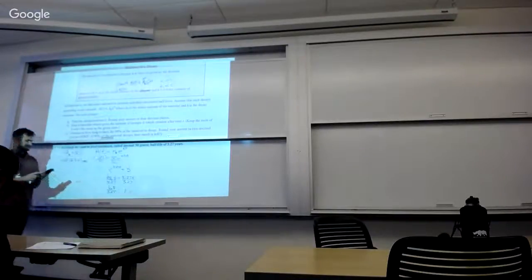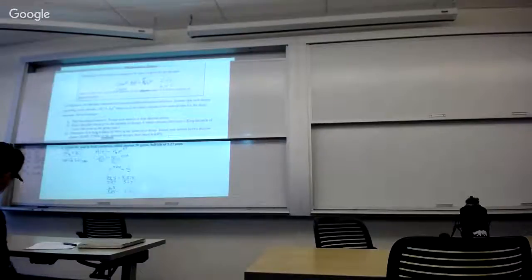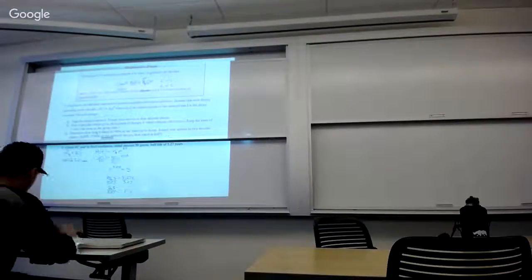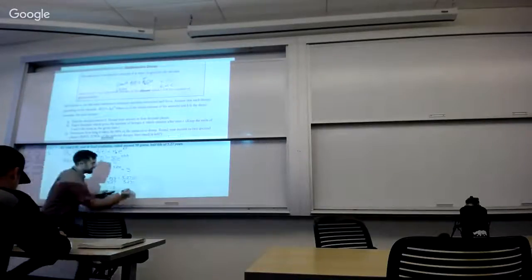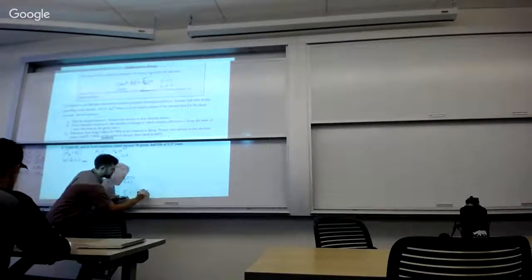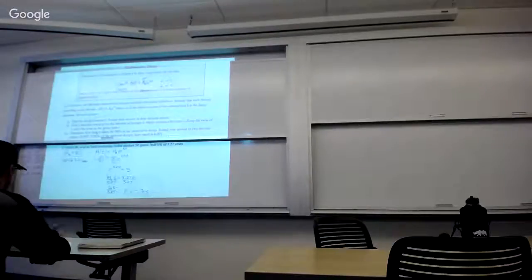And they said to round that to 4 decimal places. So I'm going to type in natural log 0.5, divided by 5.27, and we get negative 0.1315. It's a negative value, just like we predicted. Because this is a decay situation, our growth of proportionality K value is going to be negative.